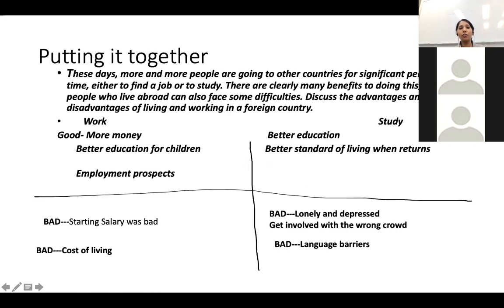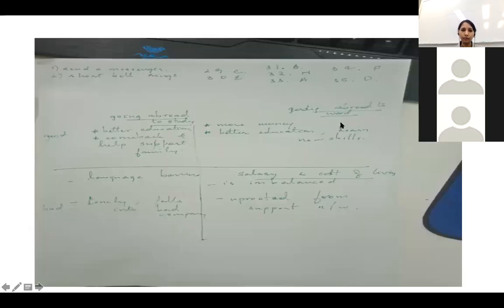Okay, so this is your plan. You try to make at least 2 points for each of these. So like this, if you look at this, can you see you make it like this? Going abroad to study, what is good about it? Better education, you can come back and help support your family. Going abroad to study, what is bad about it? There is language barrier, you might have a lonely life, you might fall into bad company.